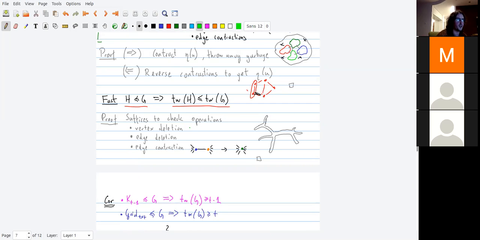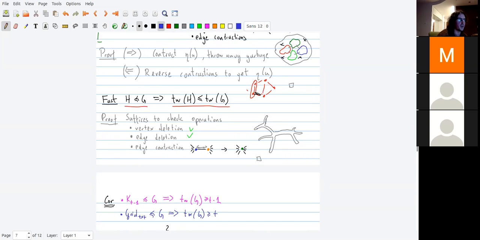For vertex deletion and edge deletion, this is clear, because I just have fewer vertices to embed, or I have fewer constraints that I need to obey when defining the bags. So the previous tree decomposition is also a decomposition after the operation. For edge contraction, this is a little bit more tricky. Imagine that you are contracting this edge here. Now it is actually useful to think of this tree embedding.